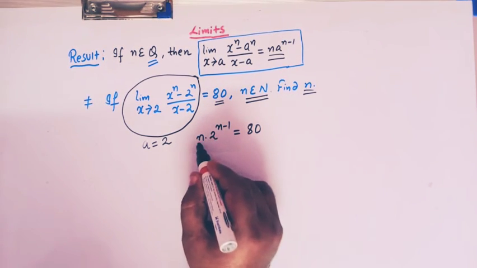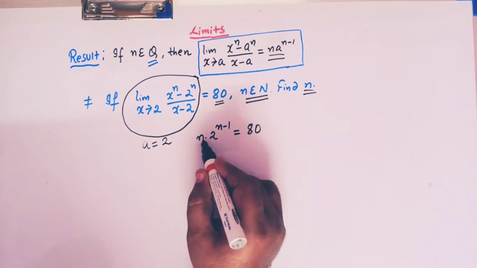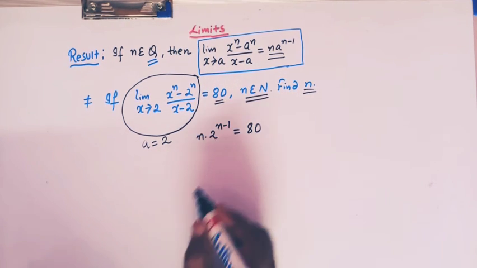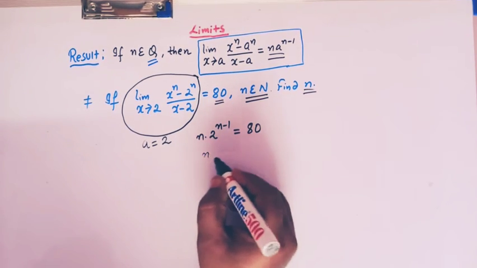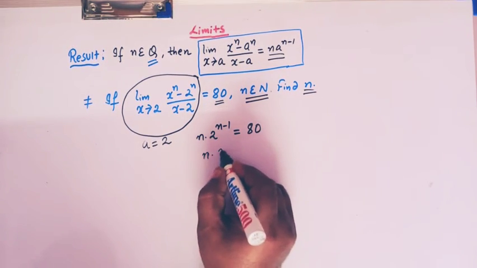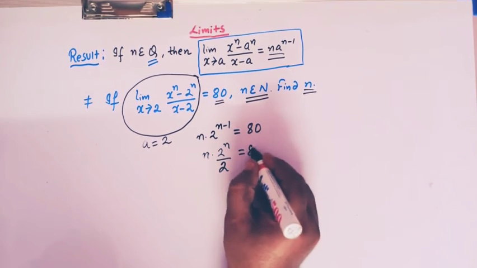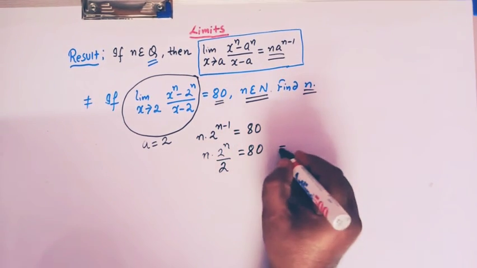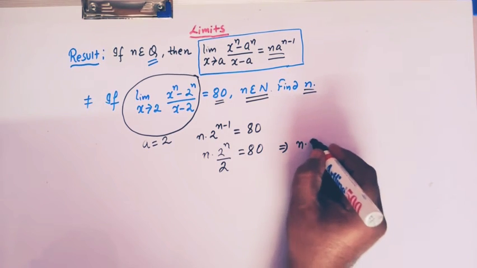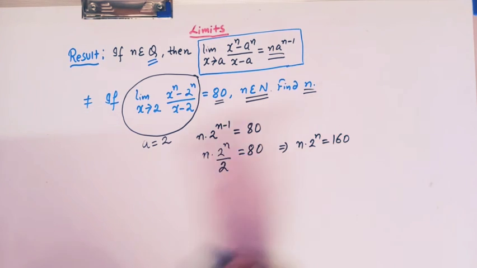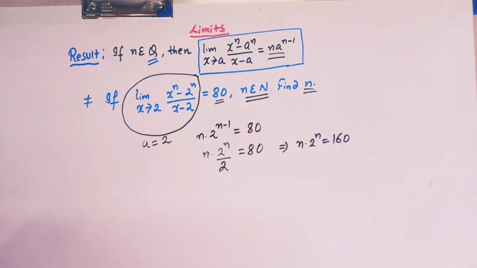So now this is an equation in n, and we can easily find out the value of n. So we can write it as n times 2 raised to n divided by 2 is equal to 80. So this can further be written as n times 2 raised to n is equal to 160, right?